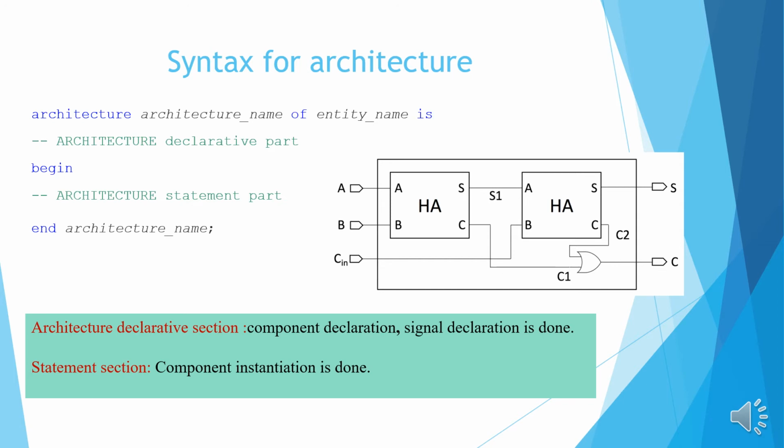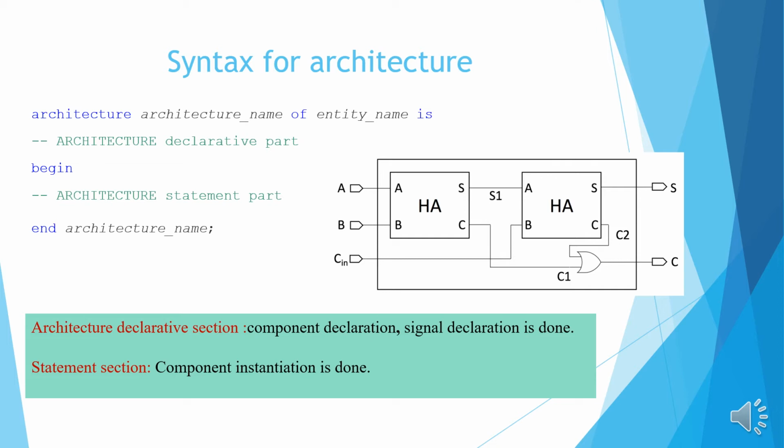Syntax for architecture is architecture name of entity name is. We can write multiple architectures for single entity. Then architecture declarative part. In architecture declarative part, we can declare things which are not declared in entity. So here we are writing code using structural modeling.